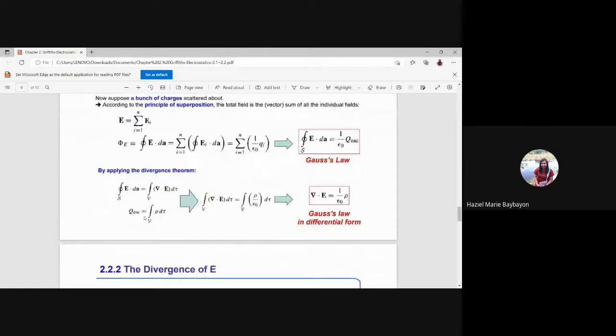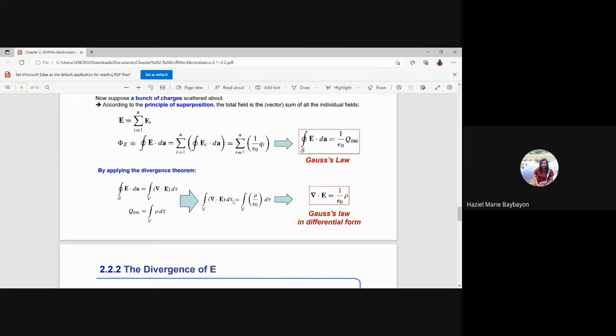Now, in the equation, the left-hand side we will replace with the volume integral. So you have the volume integral of the divergence of E times d tau, equal to the right-hand side, where we replace Q enclosed with this. So you have the integral of rho d tau over epsilon naught.